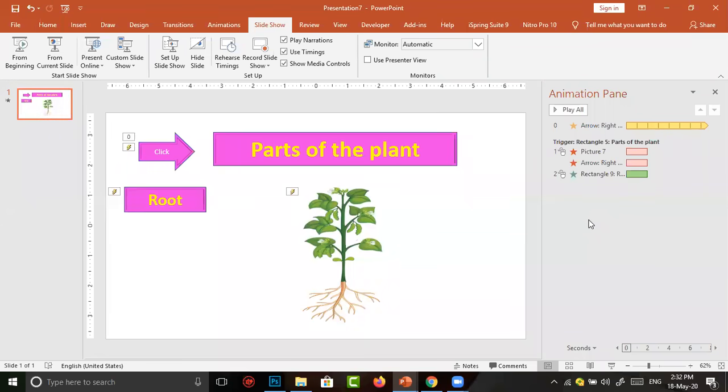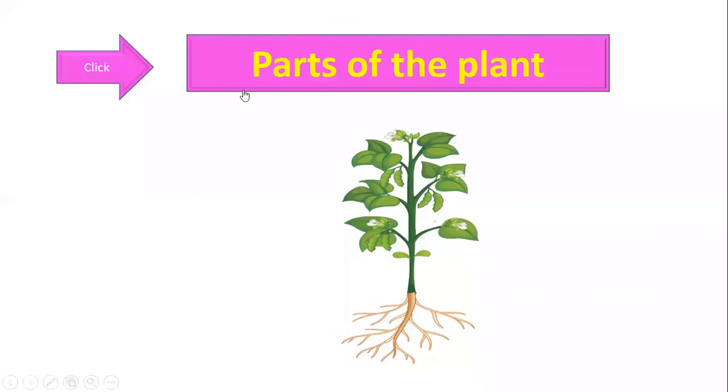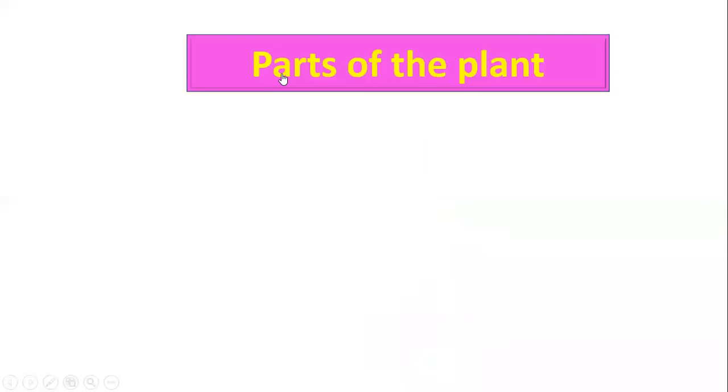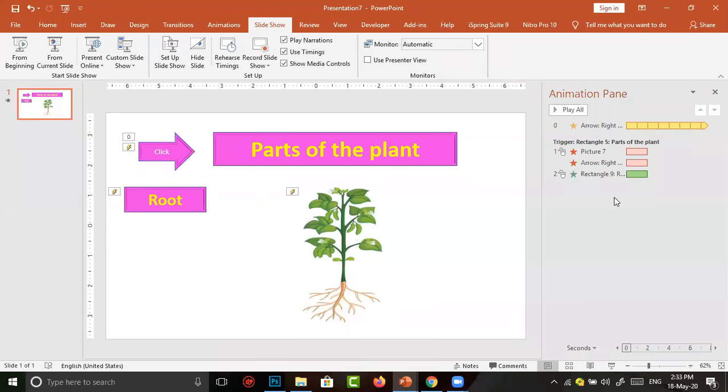Is it clear? Sir, there is a symbol of a mouse. Where? In the animation pane, sir. Yeah, it should appear with the previous.